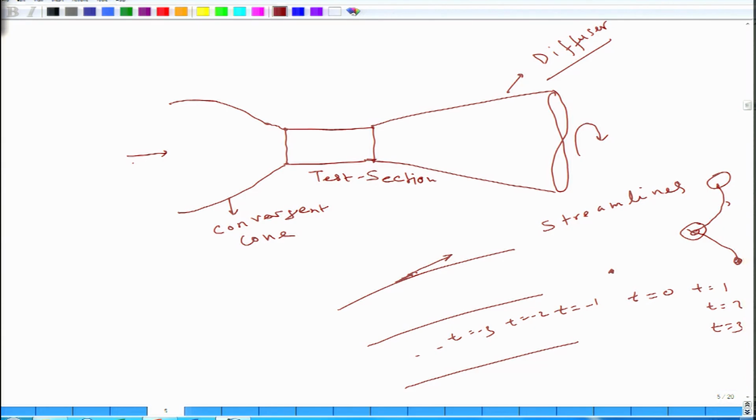That means by definition, all those particles at various earlier time instants which passed through a particular point, let us say P, in the flow domain, if we connect all those particles with a line, that is called a streak line, and this is a real line.